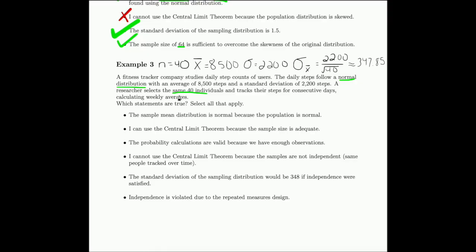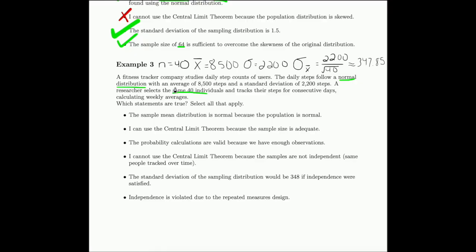This can be a little bit misleading because remember, even though we put a lot of focus on these two conditions, there's still that other condition that the samples need to be independent. Those observations need to be randomly selected and independent. And in this case, notice that the researcher keeps selecting the same 40 for each of his samples.